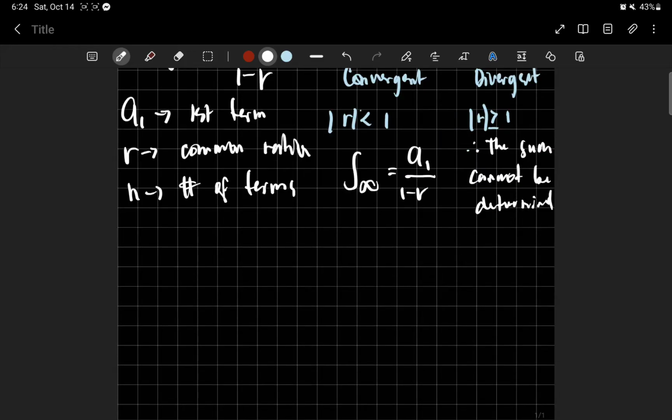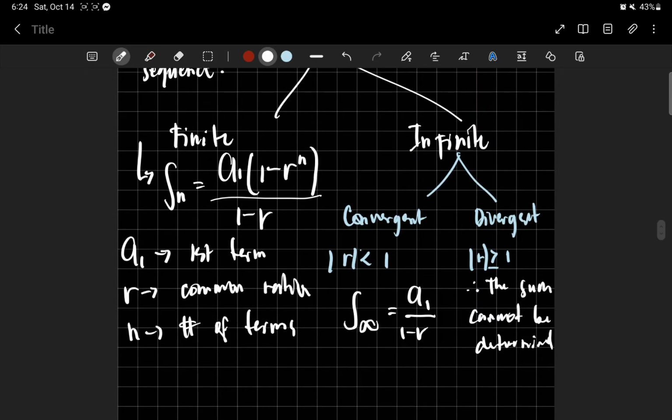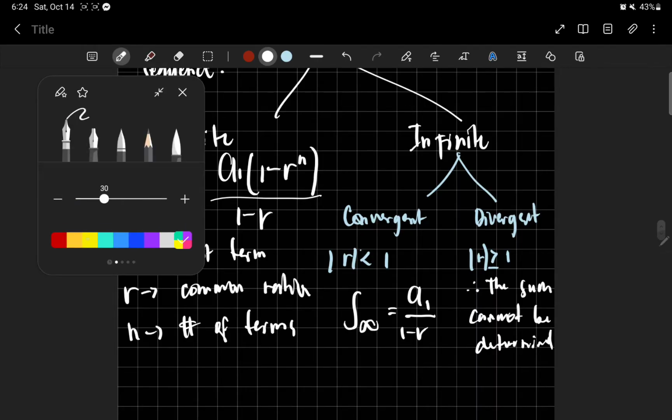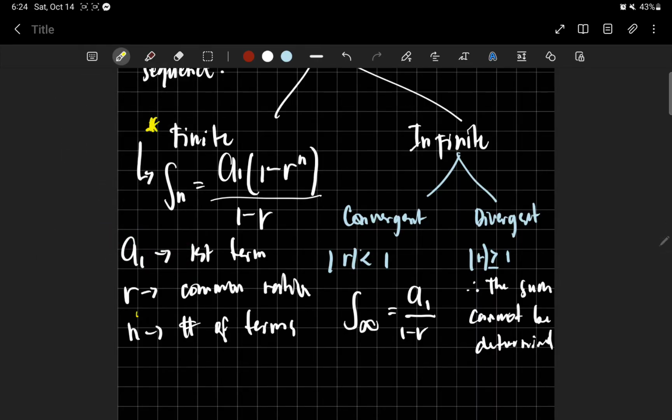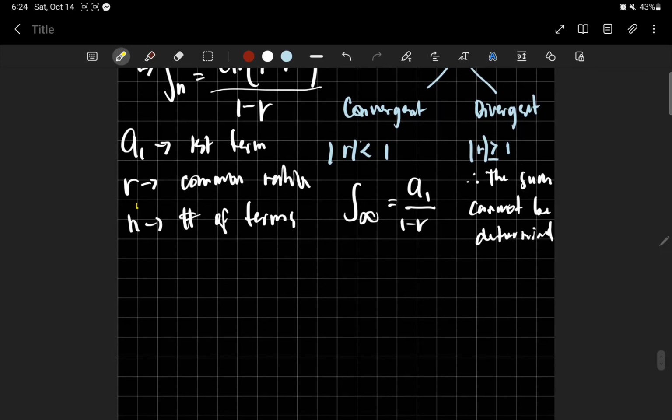Alright, let's have an example in a finite geometric sequence. So dito muna tayo mag-focus sa finite geometric sequence. So example number 1, let's get the sum of the 6 terms given the geometric sequence of 1, 3, and 9. Okay, so we're going to find the sum of the 6th term of this geometric sequence.